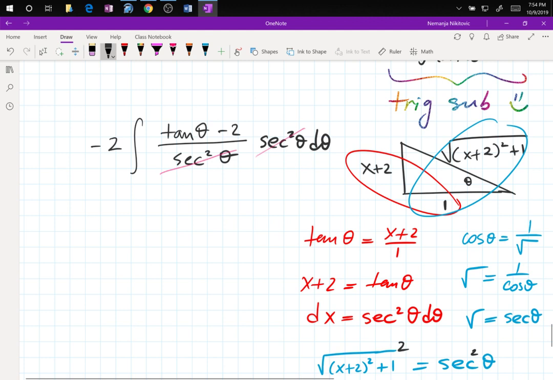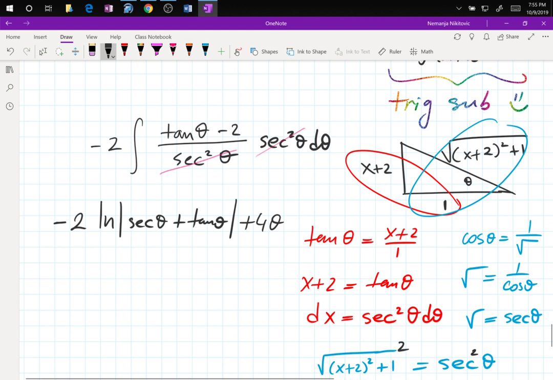So minus 2 integral of tangent. It's a log: ln of secant theta plus tangent theta. And then the integral of the other one, plus 4 theta.